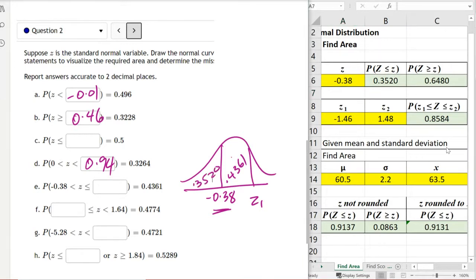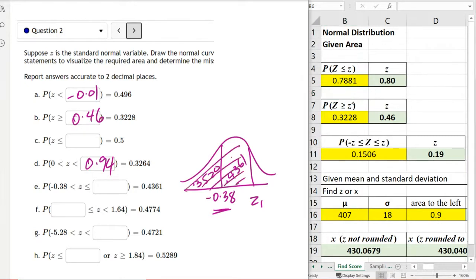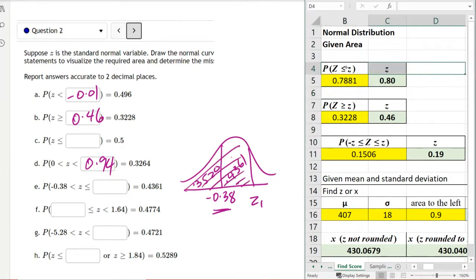And when we add that number to the other one, we can now find the corresponding Z value. Okay, so if we add 0.3520 plus 0.4361, that gives us 0.7811, and the corresponding Z value there is 0.8.